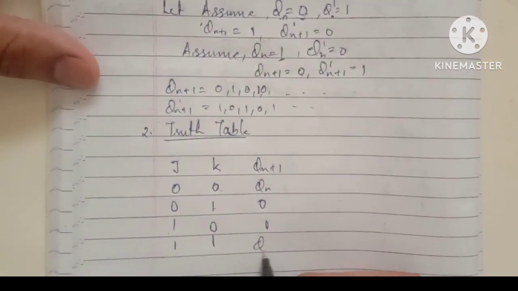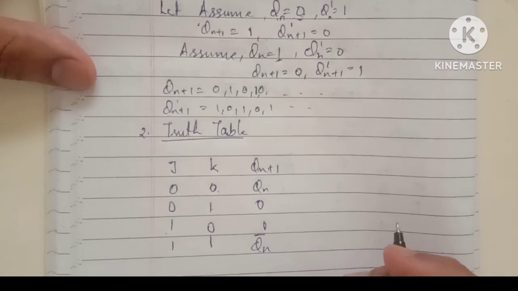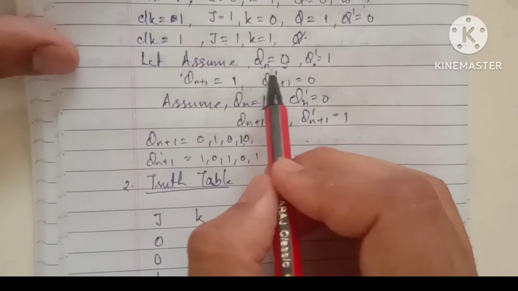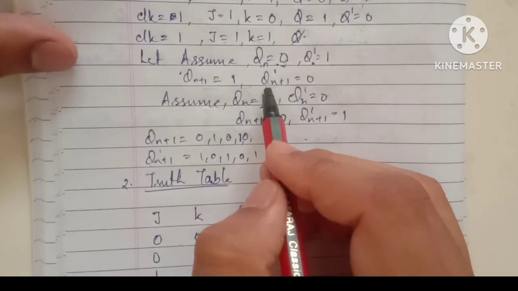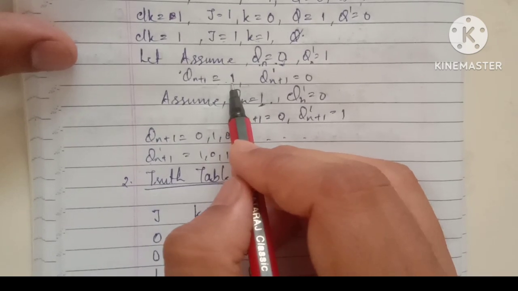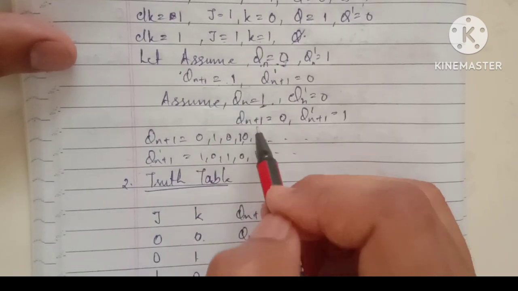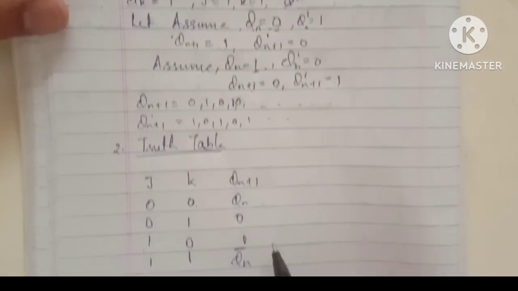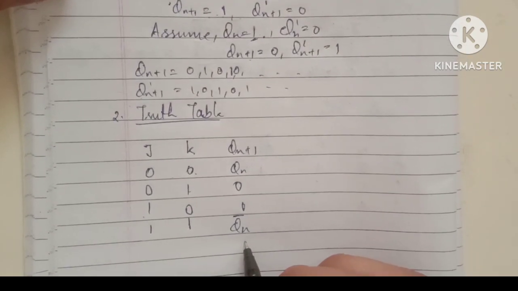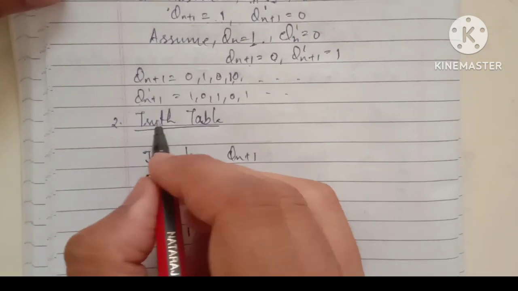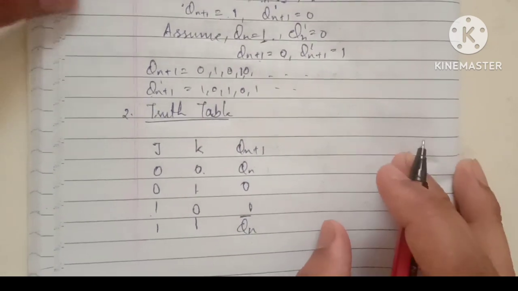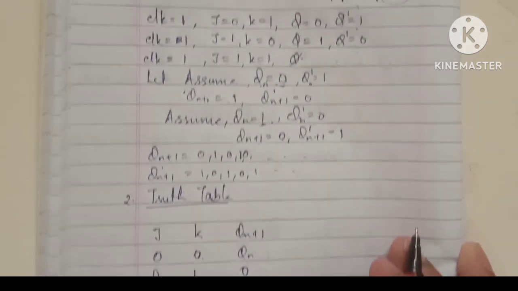So it is the complement of Q n, that is Q n dash. Understood? We assumed 0 and also 1, but in place of the next state we are getting the complement of the present state. That's why this will provide you Q n dash. Understood? This is a really important truth table for the JK flip-flop. Using this only we can get the characteristics table.